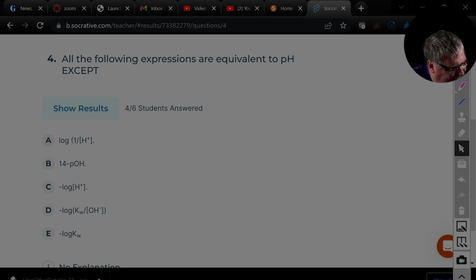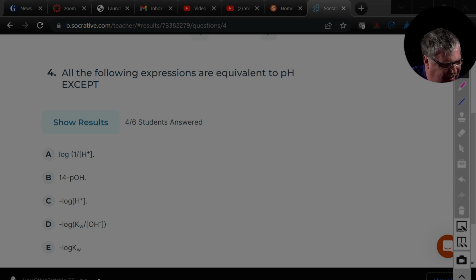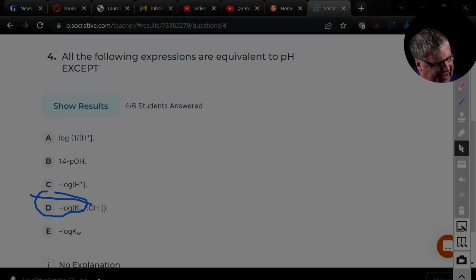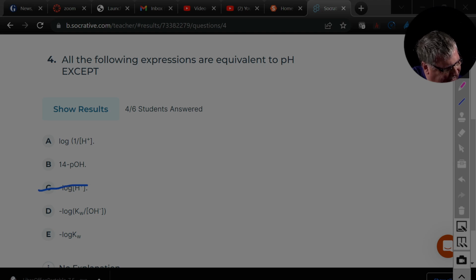Okay. So there's one answer we can eliminate right off the bat, because we learned how to calculate pH by taking the negative log. So that answer's gone. Are there other answers that represent the same thing in different terms? Yes, 14 minus pOH. That was another way we learned how to calculate pH.